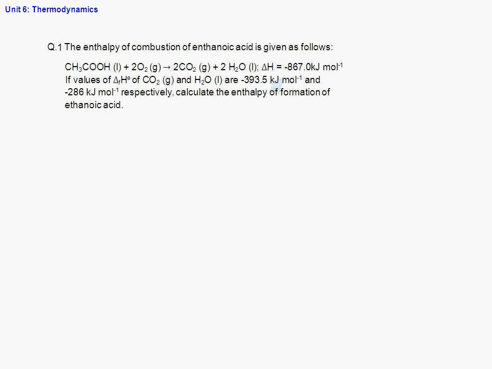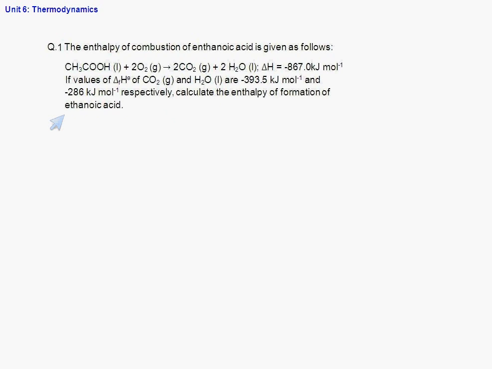If values of delta fH naught of CO2 and H2O liquid are minus 393.5 kilojoule per mole and minus 286.0 kilojoule per mole respectively, calculate the enthalpy of formation of ethanoic acid.